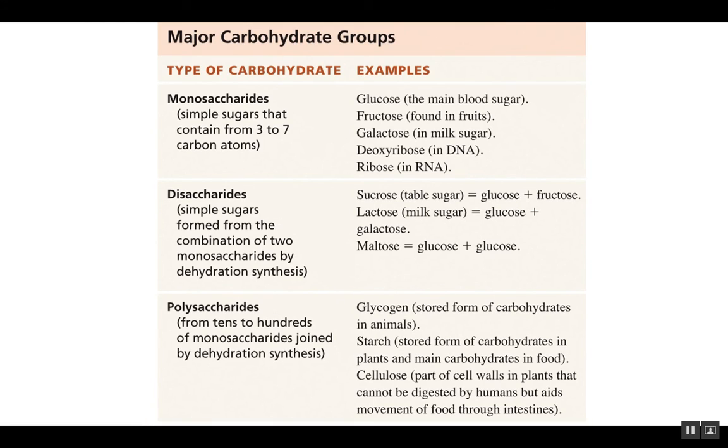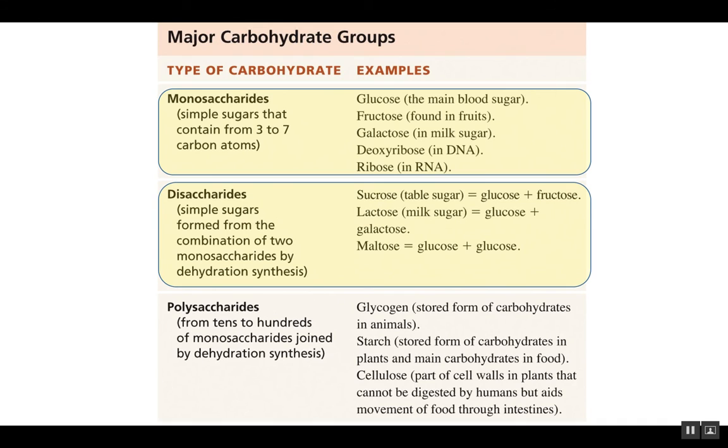Here's a summary table of the different types of carbohydrates. You'll notice that we have the monosaccharides, glucose being the #1 monosaccharide, blood sugar. We have the disaccharides, sucrose, lactose, and maltose. And then we have the polysaccharides.